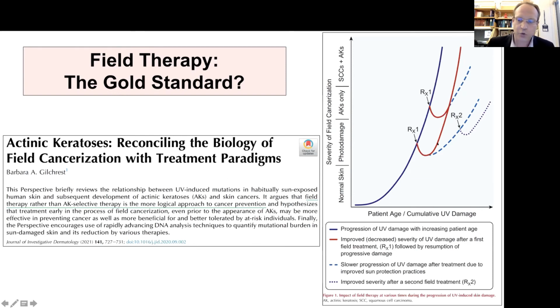Yes, it does resume again, but if you do sun protective practices and then repeat a field therapy later in life, shown here by RX2, you then get this purple dotted line, which is, again, another slowing of that progression of the field cancerization effect to squamous cell carcinoma. And so with that thought, I thank you for your attention, and thank you.